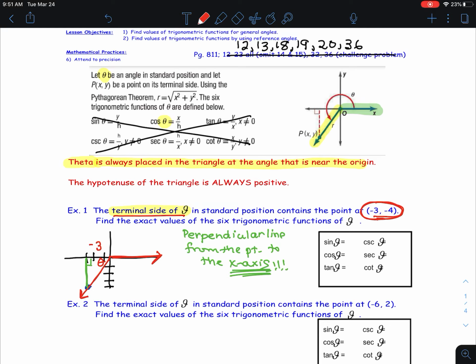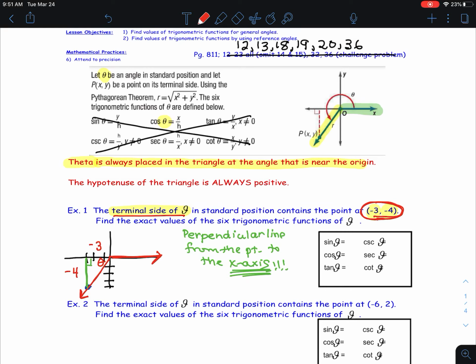And then the vertical leg, which in my picture is colored green, is on the lower half of the y-axis, so I'm going to label that as a -4. You'll notice that I use the exact same 2 numbers that I was given in my point.